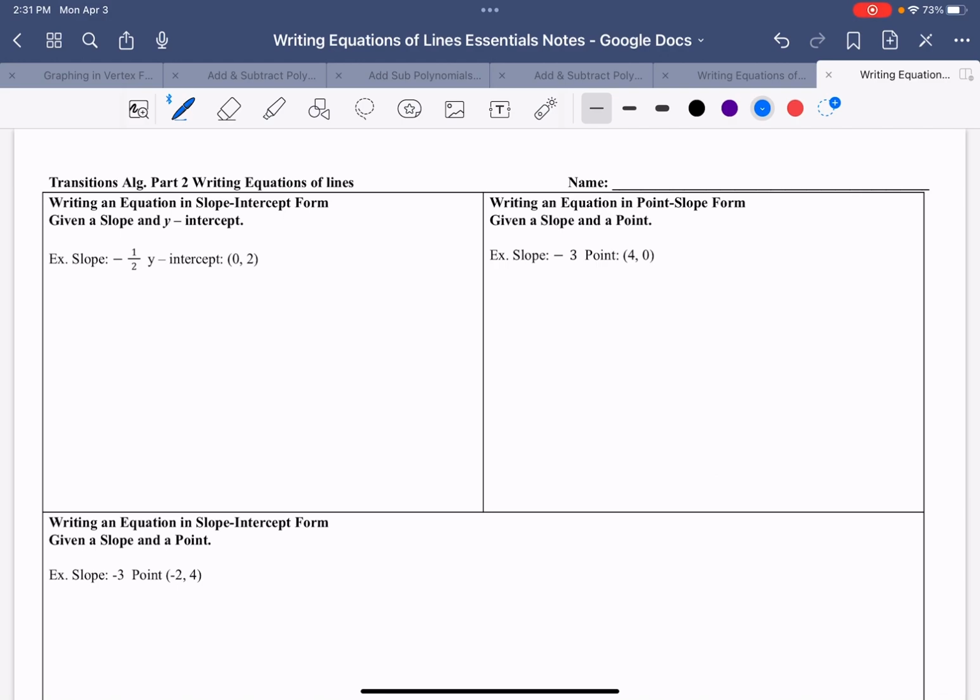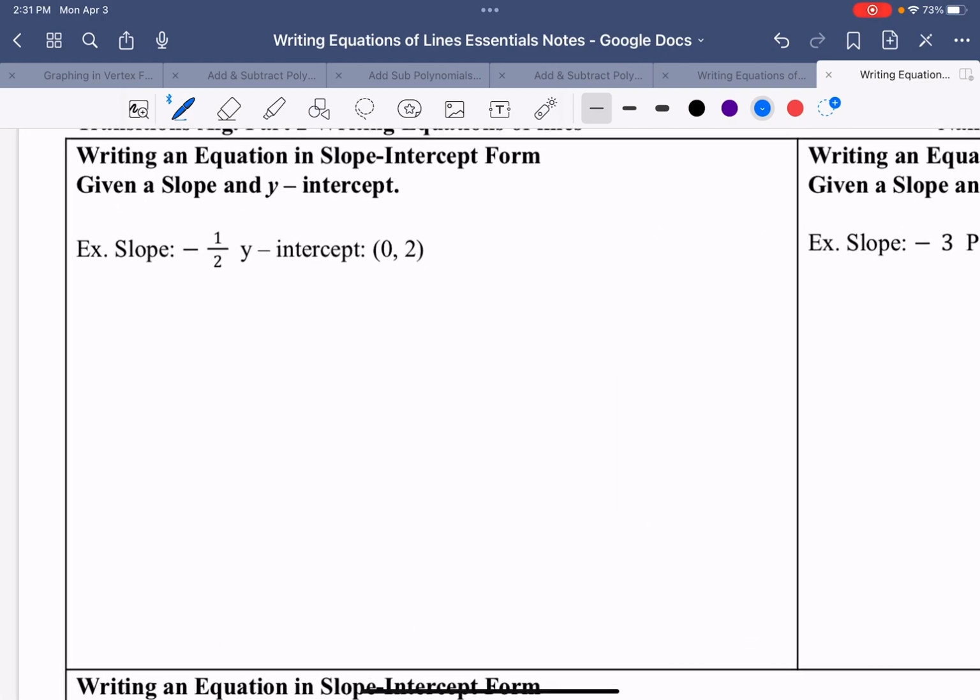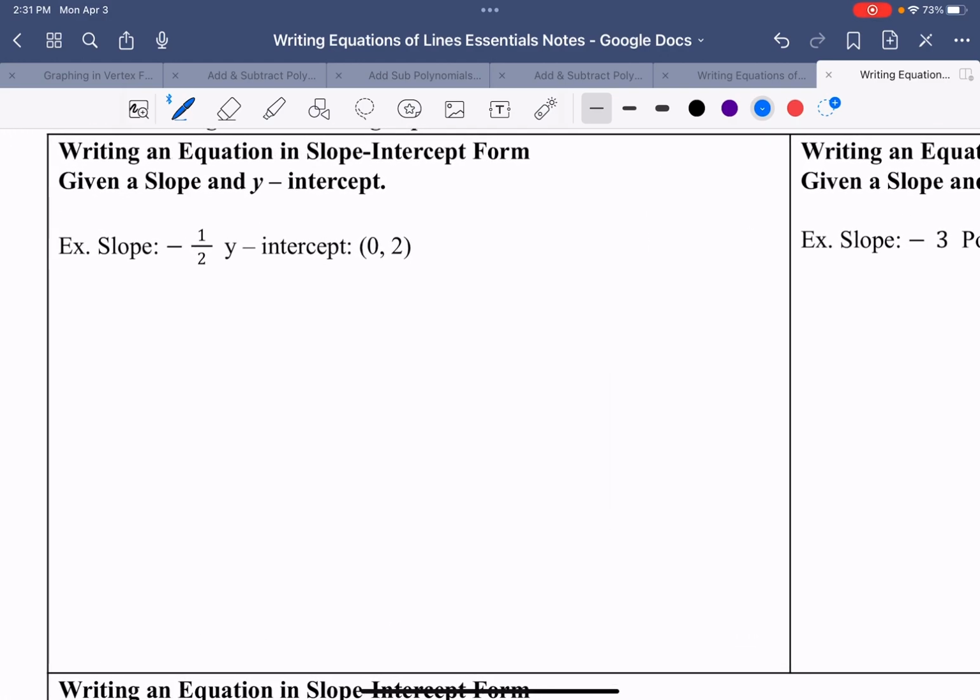So let's get started. The first box we're going to start in is right here where it says writing an equation in slope-intercept form. So if you remember, slope-intercept form is simply y equals mx plus b, slope and y-intercept.